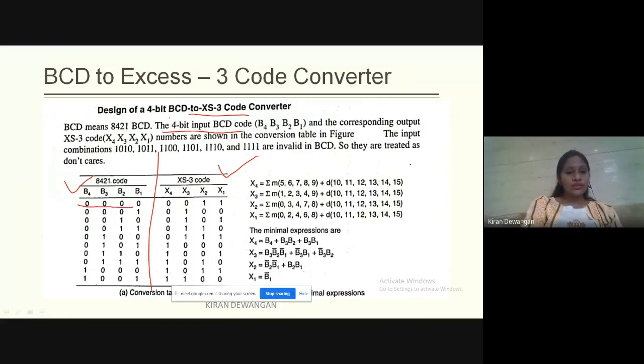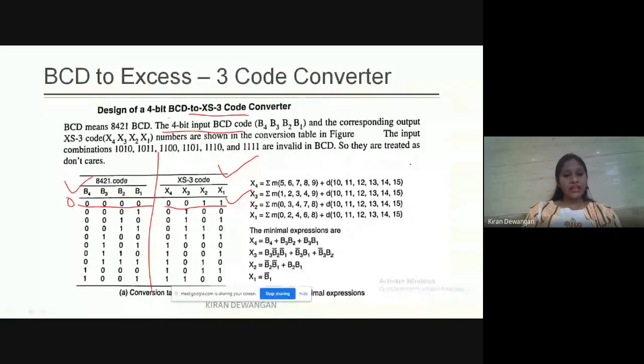For 0000, this is a decimal 0. Decimal 0 का XS3 code क्या होगा? 0011. हमें ये कहाँ से मिलता है? How do we get 0011 of this 4-bit BCD? कहाँ से मिलता है? Reply anyone.